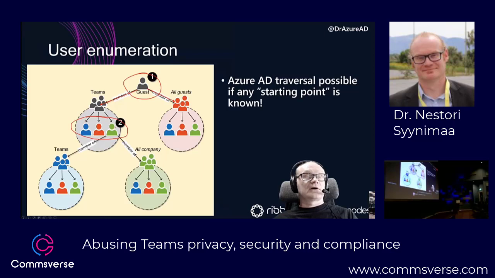And if you know someone's name, you can see which teams or groups that user is a member of, and so on. So you can do the Azure AD traversal as long as you know a starting point.